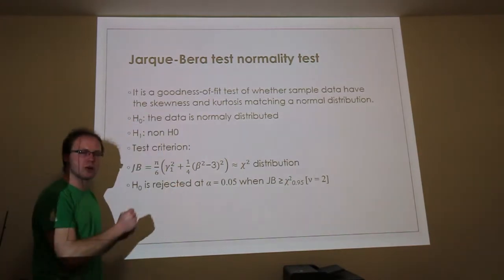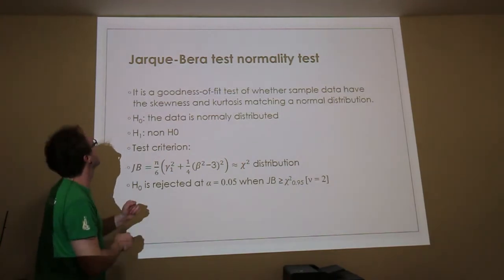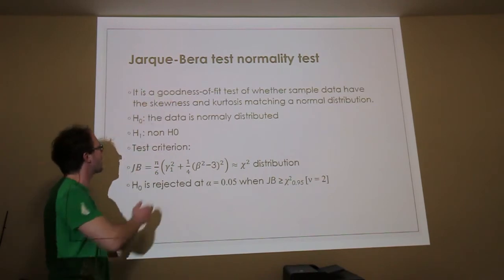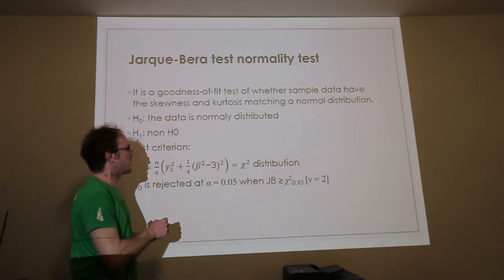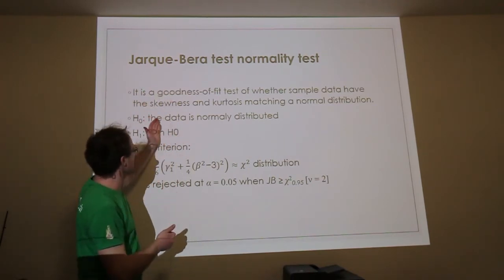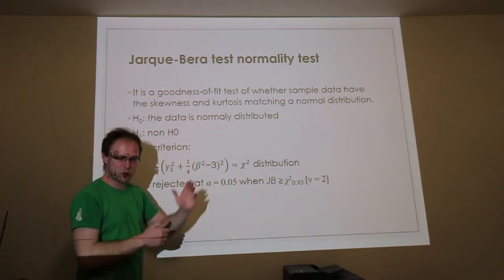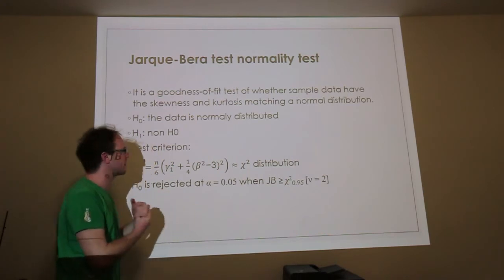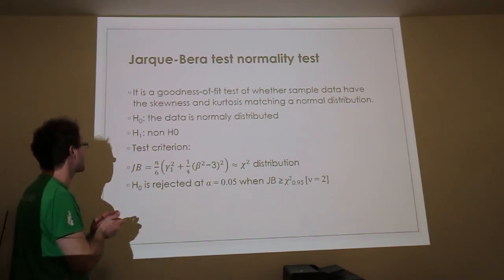So it's necessary to write here the zero and alternative hypothesis. In the original paper by Jarque-Bera, the zero hypothesis is set as: the data is normally distributed. There is a normal distribution of the data set. So this is the zero hypothesis.